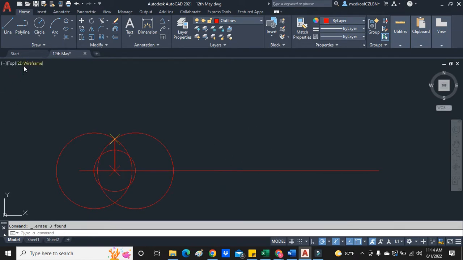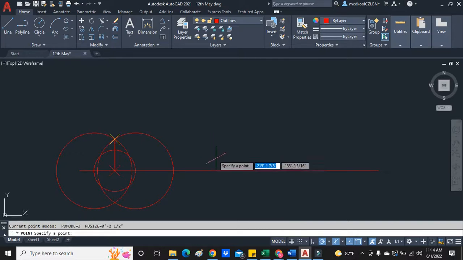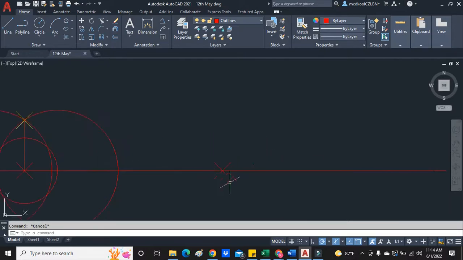All right, so we're just going to construct two more. Let's construct a 60. So I just choose a point that I'm going to start. I draw a curve, my radius.